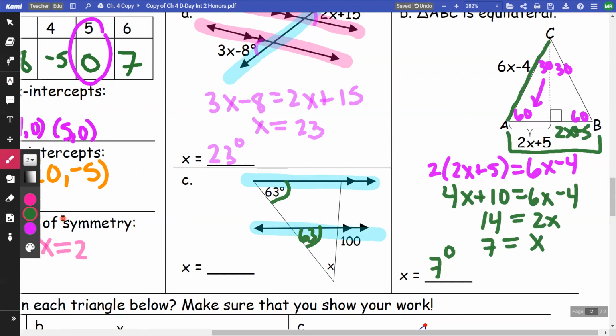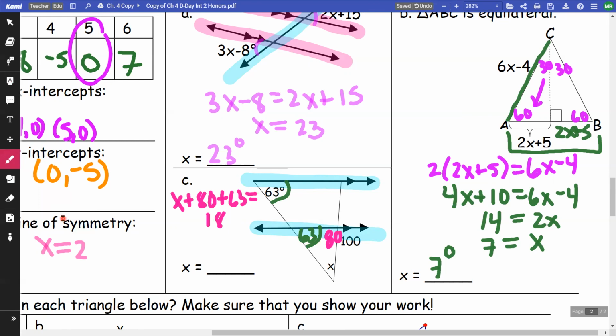Now I have a situation, and I can think of it one of two ways. I can either put this as an 80 because 180 has to make a straight angle. And then I know that x plus 80 plus 63 has to equal 180 and solve.